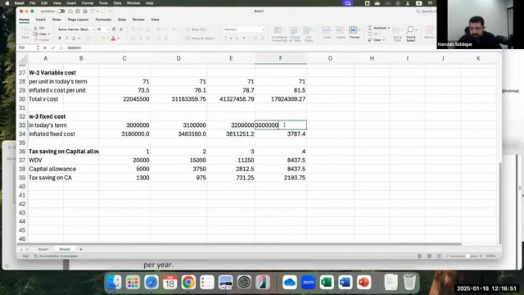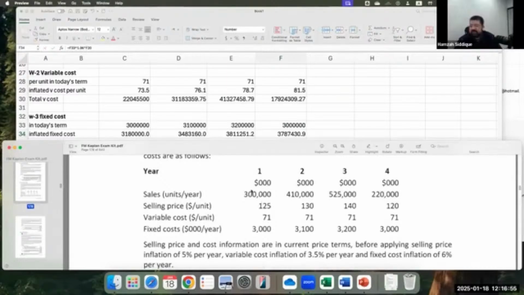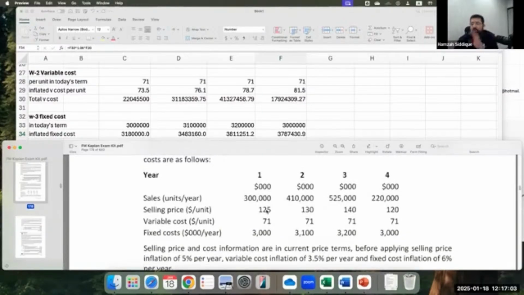Now it's okay. I was figuring out what the issue is. So basically, these units are 300,000. So we multiplied the whole units with it, so we did not do rounding off. This rounding off is only for fixed cost here. Either we have to do rounding off of all amounts or not do it for all.